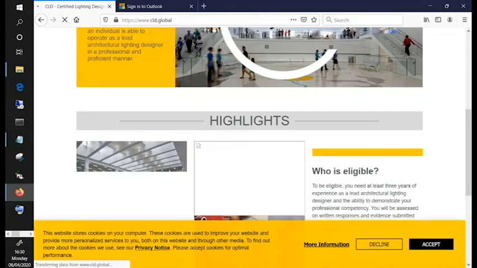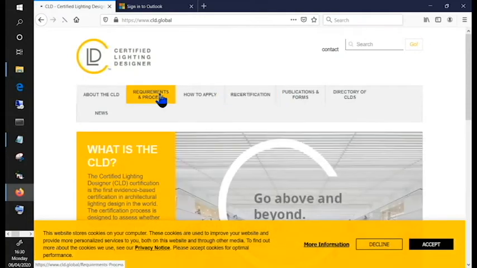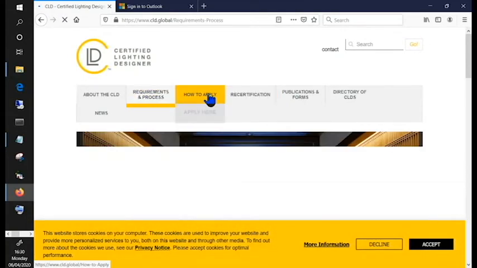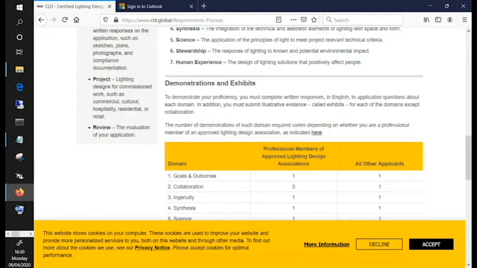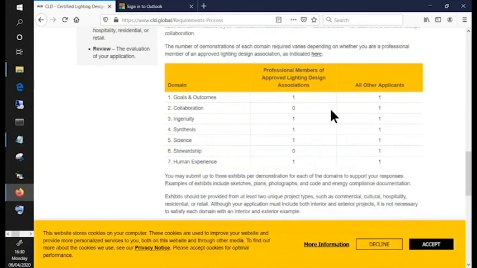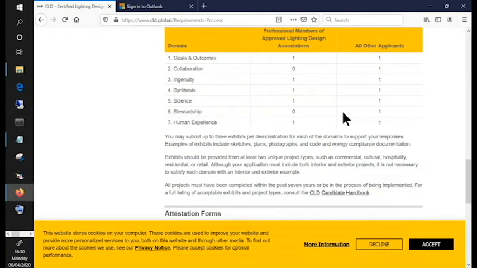So there's a really useful website. There's requirements and processes, how to apply, and under how to apply you've got lots of things here. And here you see, as I was saying earlier, that collaboration and stewardship are already assumed if you are a member of one of the professional associations.